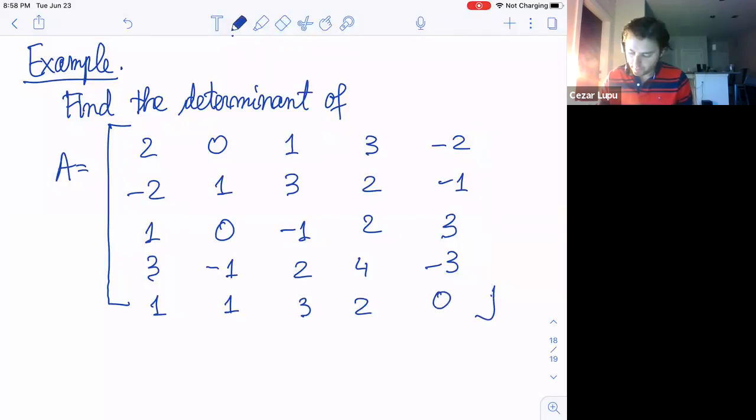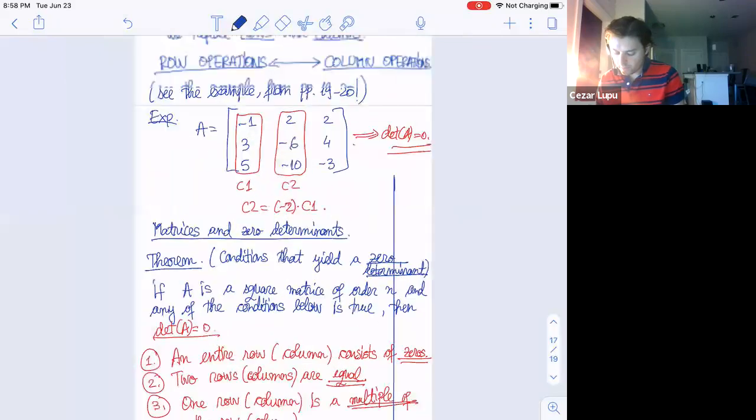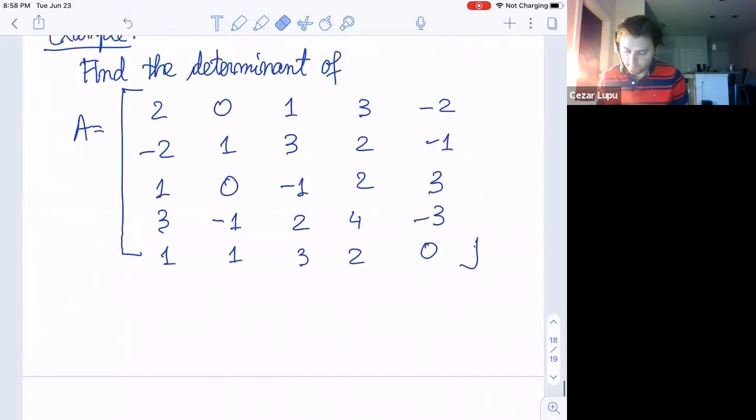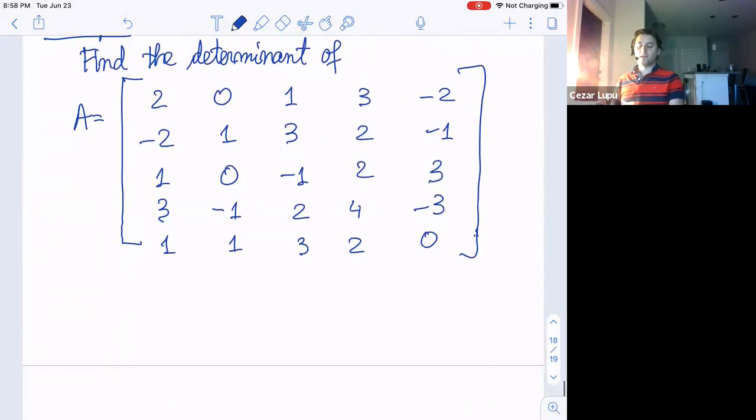Ouch. Oh, whoa. What did I do here? So this is the matrix. Look at it. It's a 5 by 5 matrix. If you want to expand over a row or a column, I would not suggest doing that. Well, you can try.